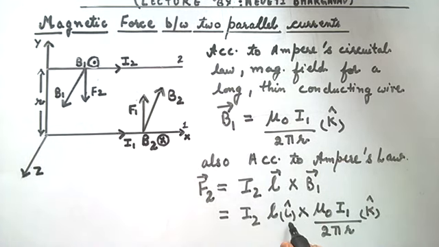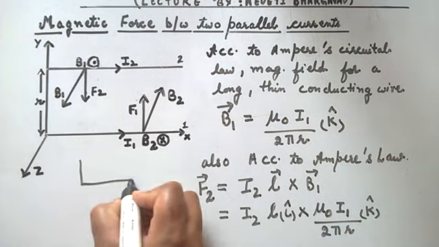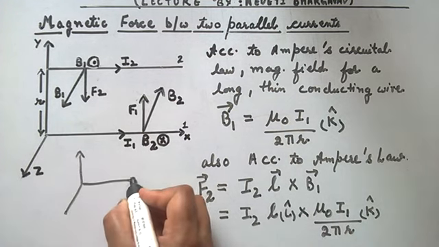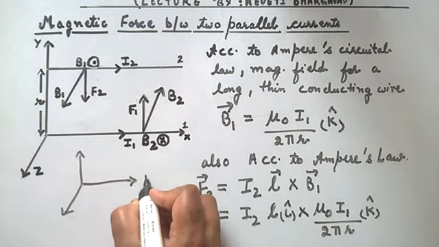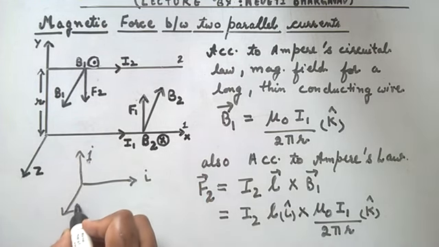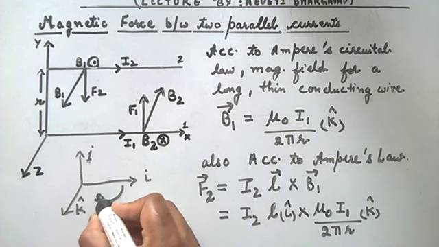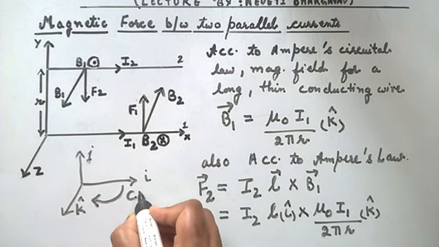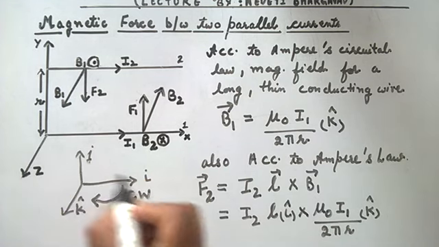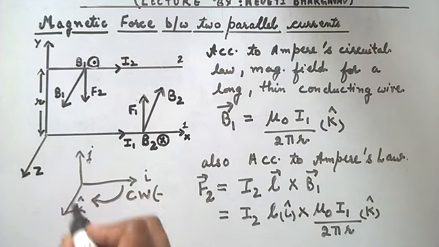Now we have studied cross products for orthogonal unit vectors. If we are moving in a clockwise direction, then the direction of the third vector will be negative, that is i cross k gives minus j.